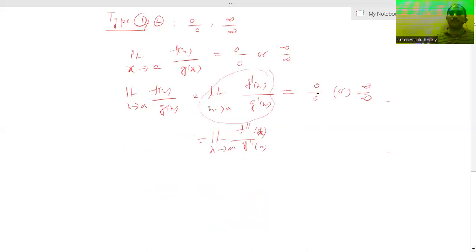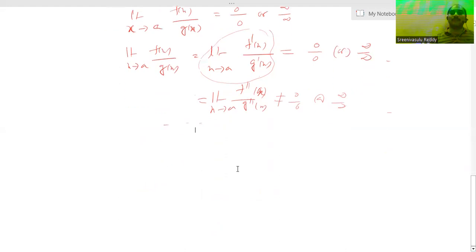If this is not 0 by 0 or infinity by infinity, stop here only. Whatever value we get is the limit value. If this is also 0 by 0 or infinity by infinity form, take one more derivative. This is the approach to find the limit of the indeterminate forms. First problem.